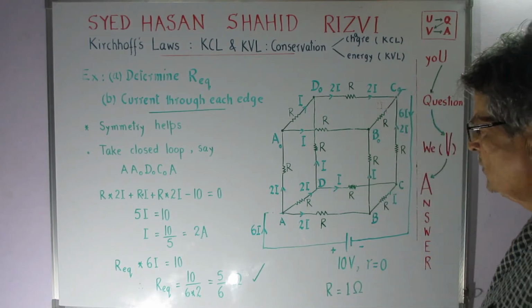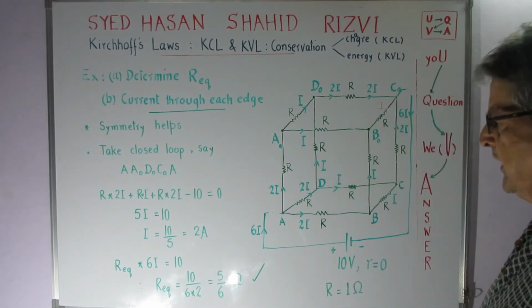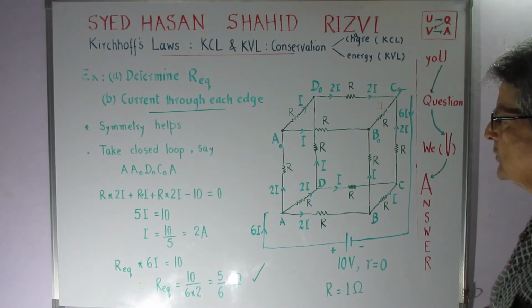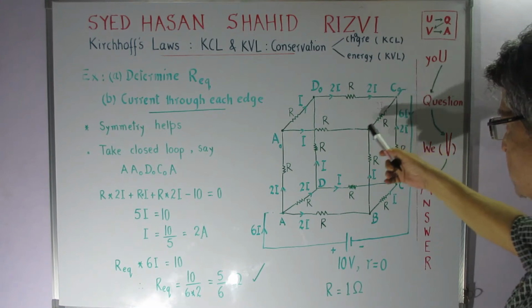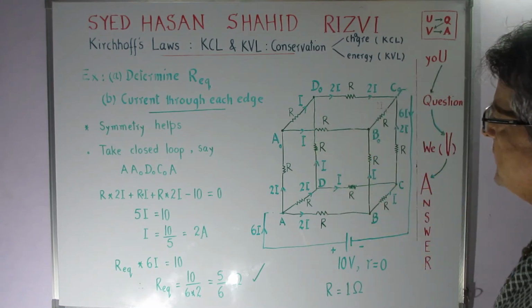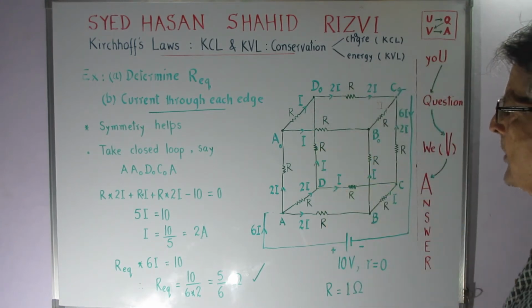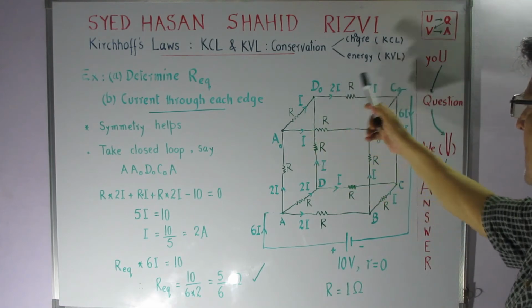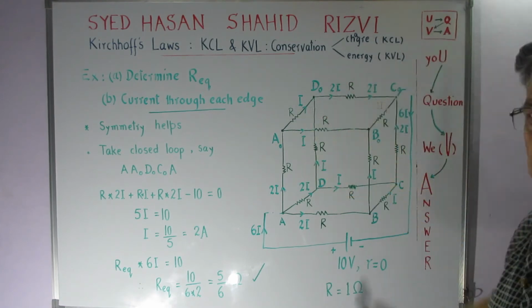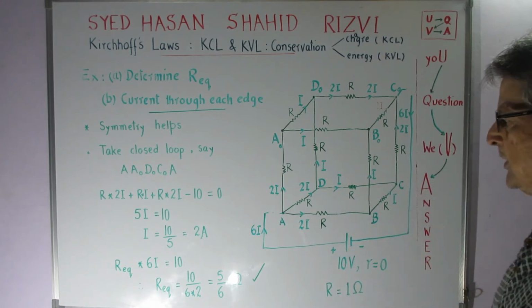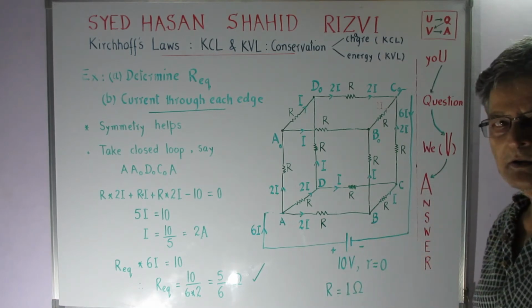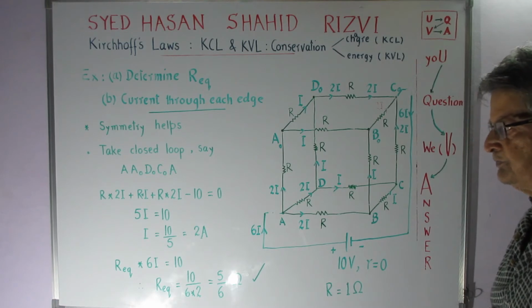So any of these loops we can take. Of course, there are many other loops which will not help us. For example, if you say this is a closed loop, A naught, D naught, C naught, B naught, A naught, that will not help because the currents cannot be calculated without a source.